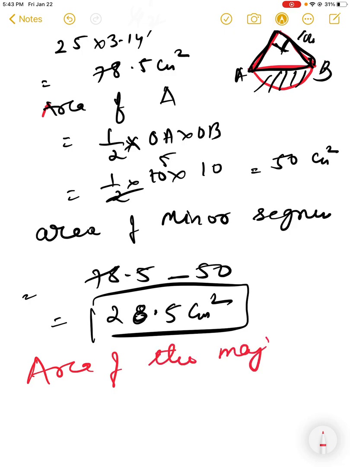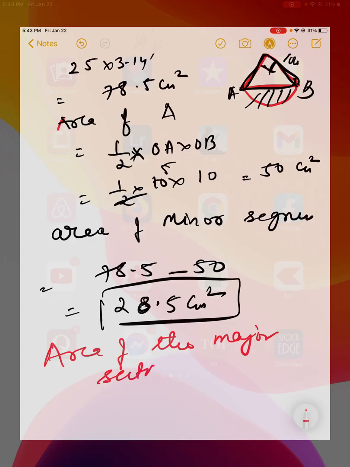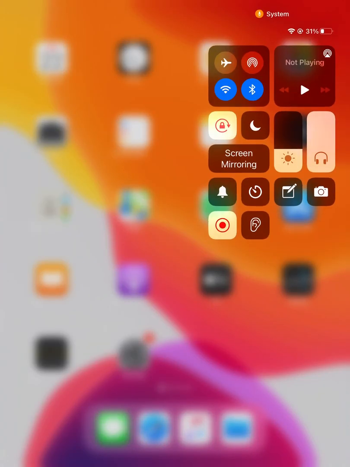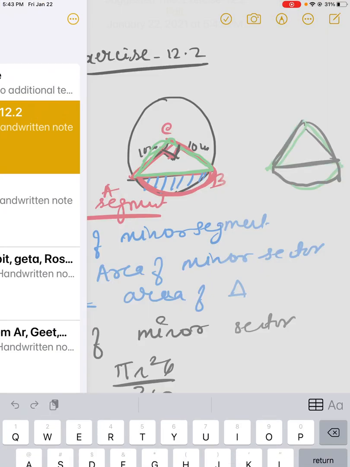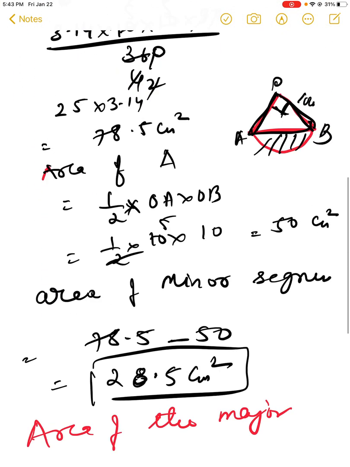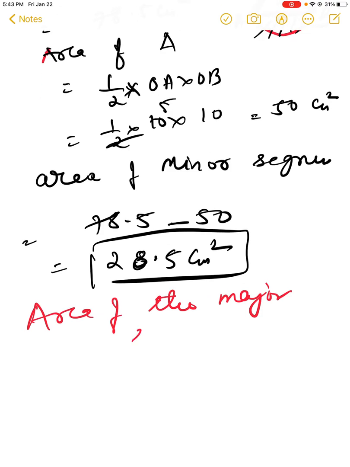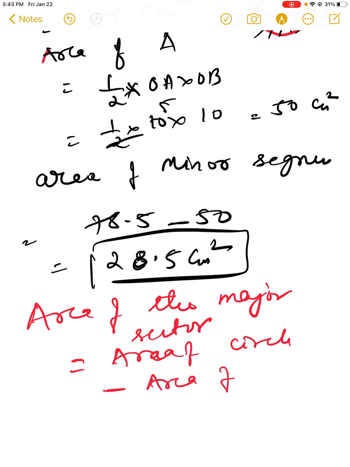The area of the major sector is equal to the area of the circle minus the area of the minor sector.